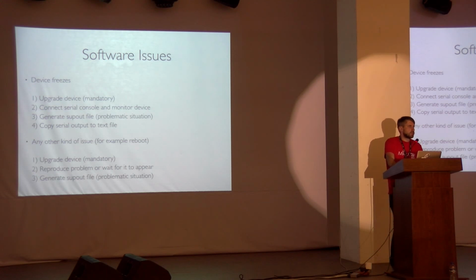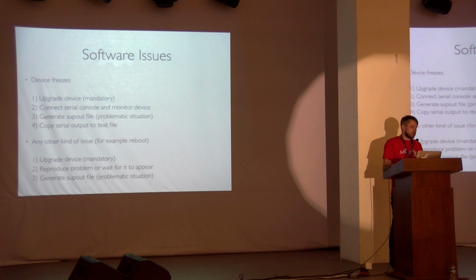When your device freezes, or when you lose access to your device at some specific point, as well, upgrade your RouterOS version to the latest version, just to make sure the problem is not present on the latest version. Connect a serial console or monitor your device with the tools that we explained before. Make a support file. It is very good if you make the support file when you have a problematic situation or right after it.